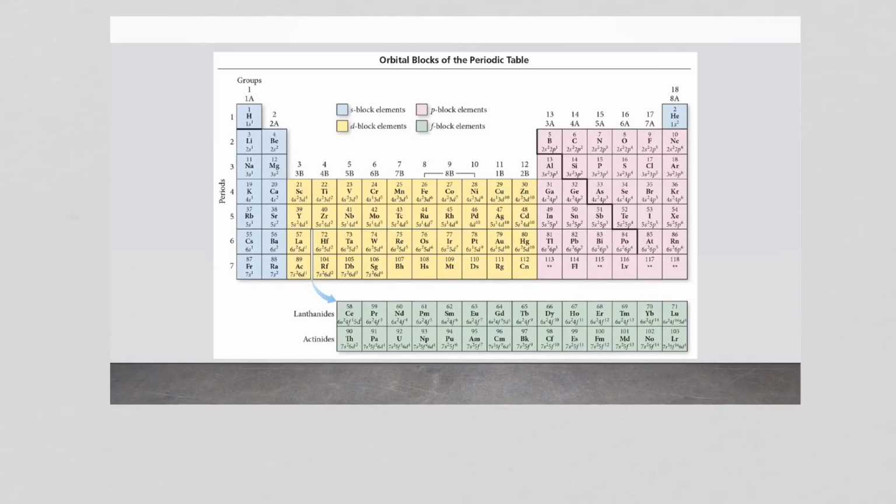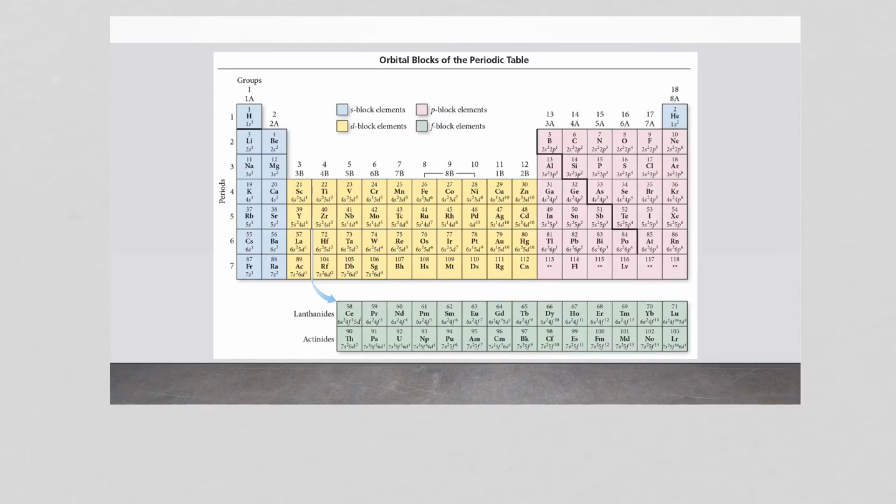So if we look at the whole periodic table, we get this sort of idea of valence electrons. And when we start to look at these trends, we're going to look at them in a couple different ways. We're going to look at trends going across a period. If we think generally, what happens as you go across a period is you add protons. As you add protons, you also add electrons.